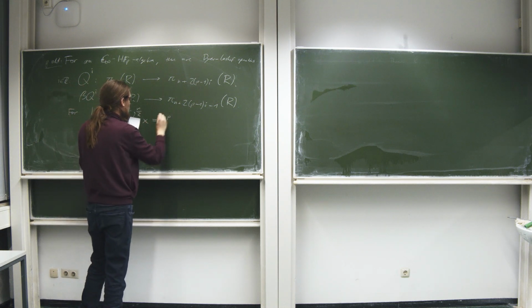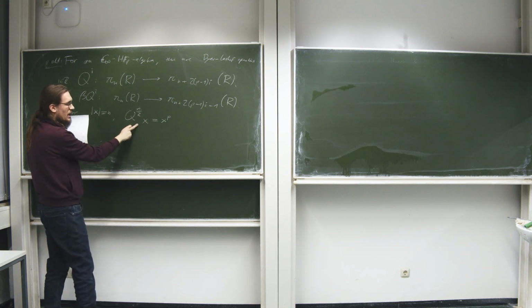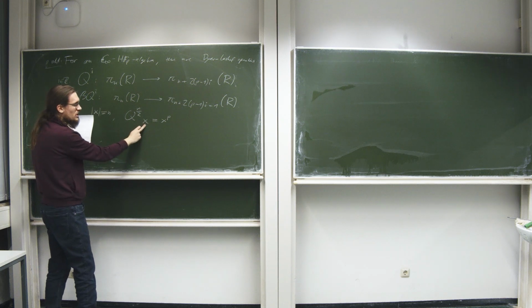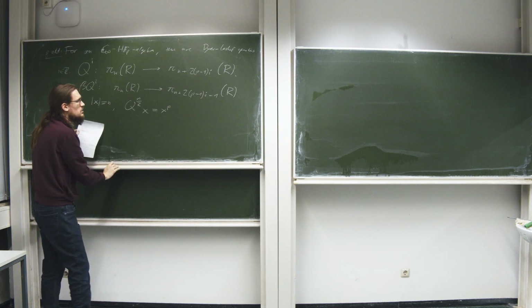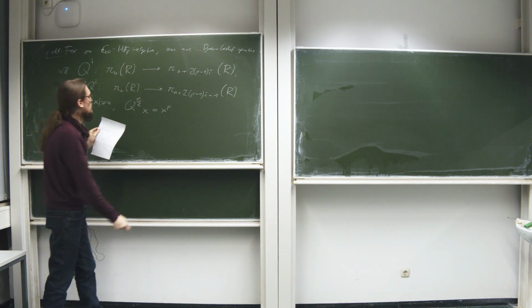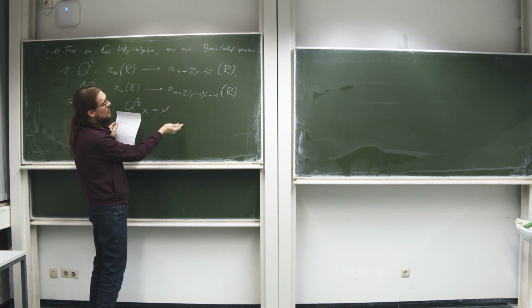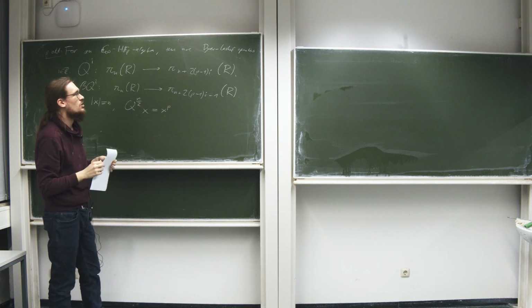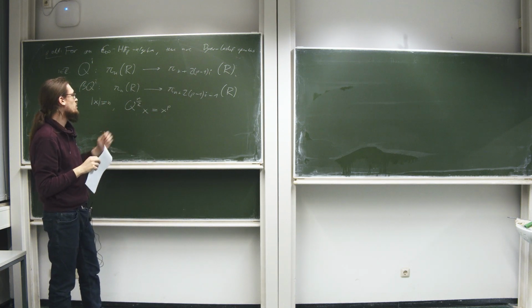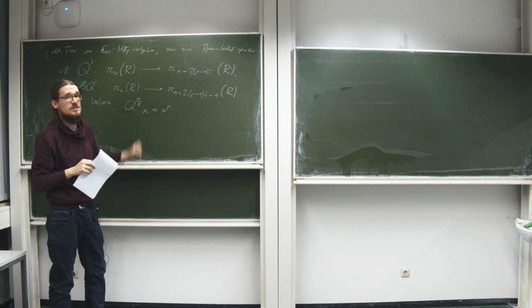Otherwise this doesn't make sense. So if n is even, then Q^{n/2} actually takes x to x^p. This is one reason why these operations are also called power operations, because they're related to the map that takes the pth power.